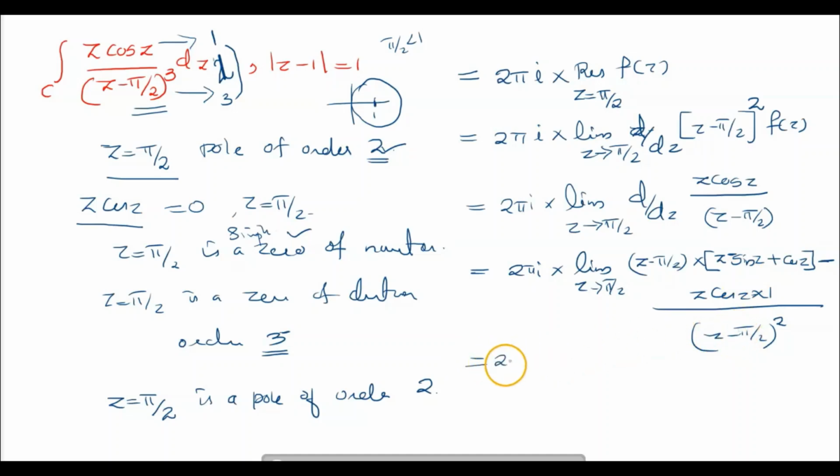This is a 0 by 0 form. Now use L'Hospital's rule to evaluate this limit, that means differentiate numerator and denominator.